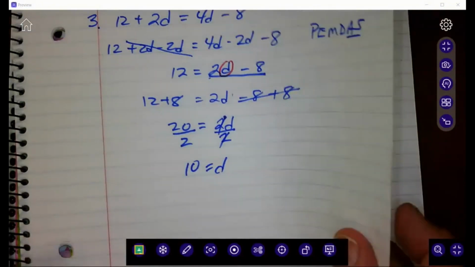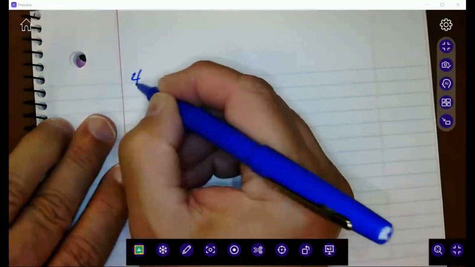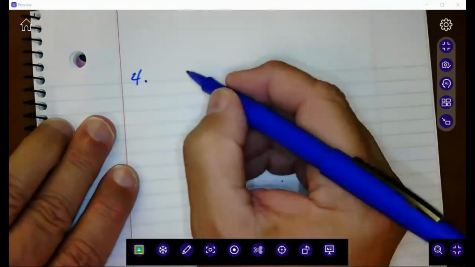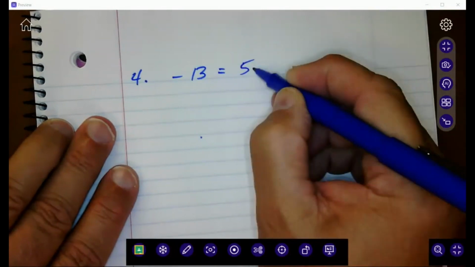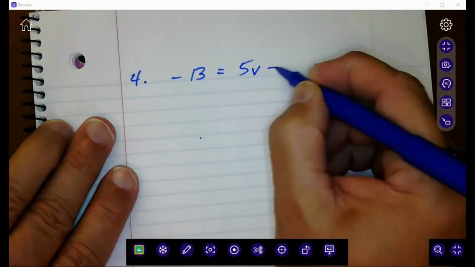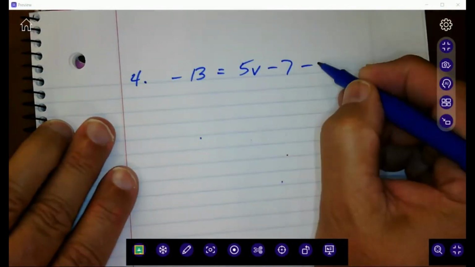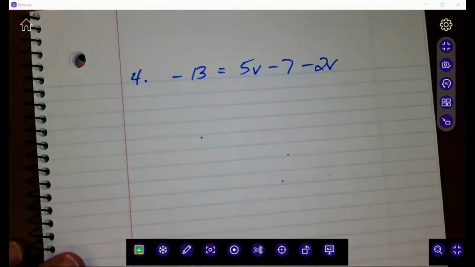All right, let's take a look at number 4. On number 4, we have negative 13 equals 5v minus 7 minus 2v.